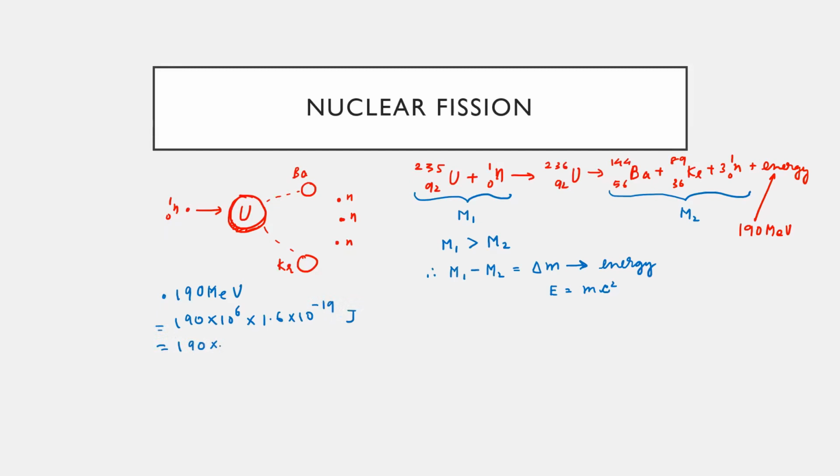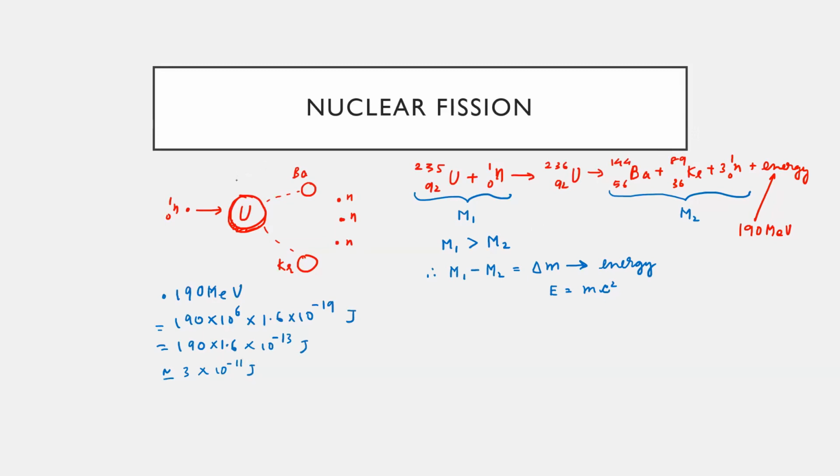Whatever answer you get for this is around 10 to the power minus 13. Even if you say it is around 300 mega electron volt, that is 10 to the power minus 11 joules. So this is pretty small, less energy.